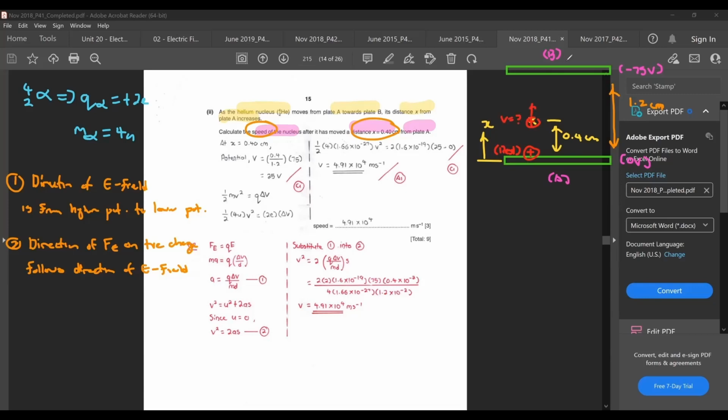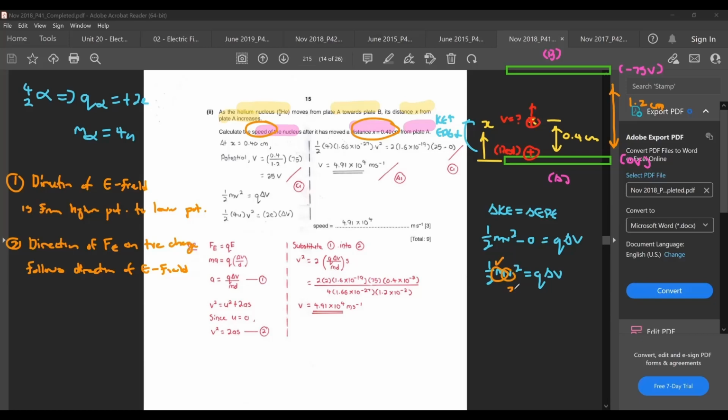Now you apply conservation of energy. From here to here, you will say KE increases, EPE drops. Same thing as the one that you did before. So if you say increase in K equals decrease in EPE, you get half mv squared minus 0 equals q delta V. So half mv squared equals q delta V. Now, if you just look at the equation, you know the mass of your alpha particle.